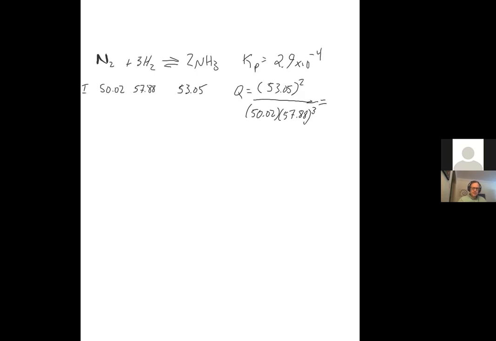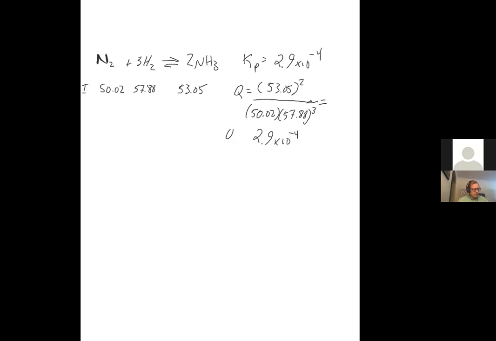So 53.05 squared divided by 50.02 equals, and then I'm going to divide it by 57.88, and I'm going to cube that one. And again, here we go. Oh, there we go. 2.9 times 10 to the minus 4.